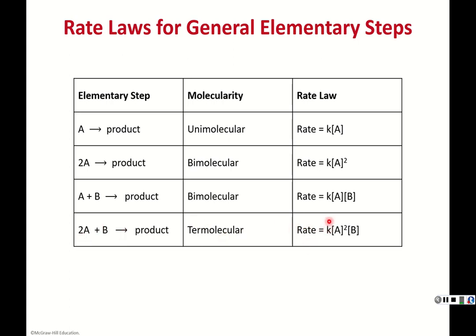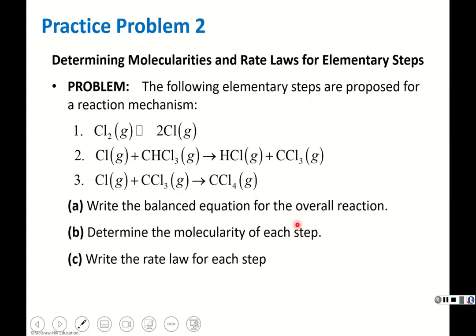The rate for that one would be k times A squared times B. You don't see a lot of termolecular mechanisms because the chances of three things coming together is much smaller than the chances of two molecules. And likewise, 4 or 5 molecules coming together, the chances of that happening are very, very small. So we just don't consider them in this class.